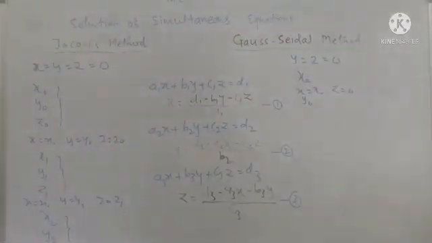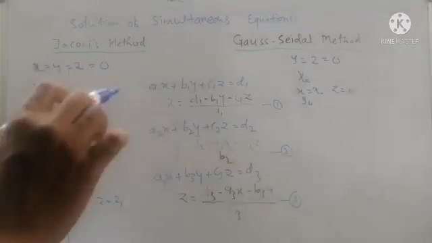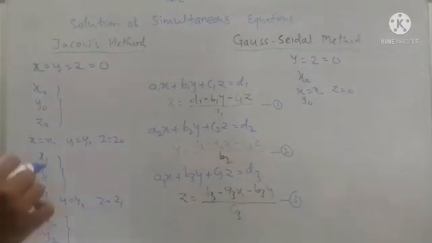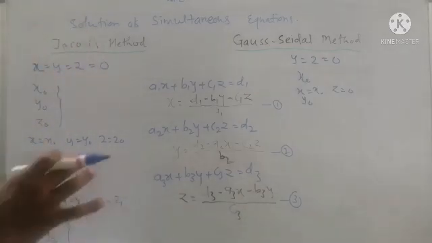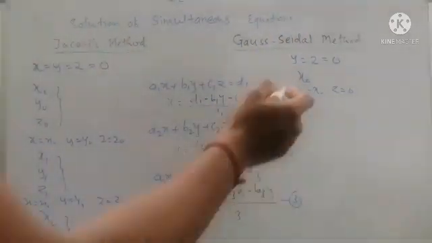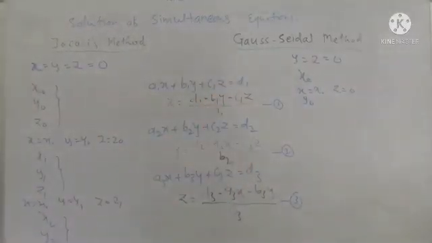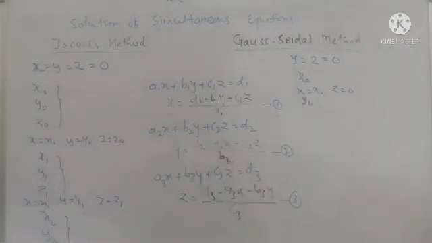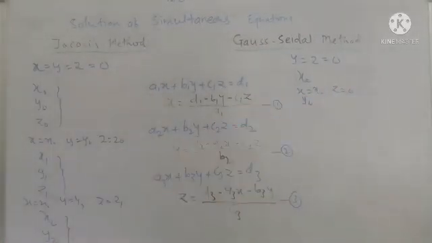Compare with Jacobi's method. To find y0, we take x and z both 0. That means we assume x, y, z equal to 0, and using these values we find x0, y0, z0. But in the Gauss-Seidel method we only assume y and z, so we can find x only, which is x0. Now to find y, we want the value of x, which we have calculated as x0. Use it in equation 2, as we assume z as 0, we get y0.